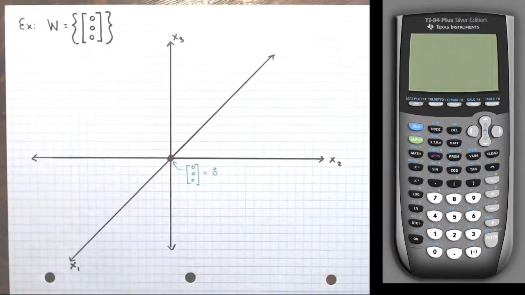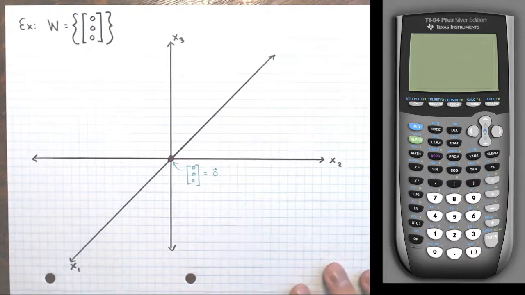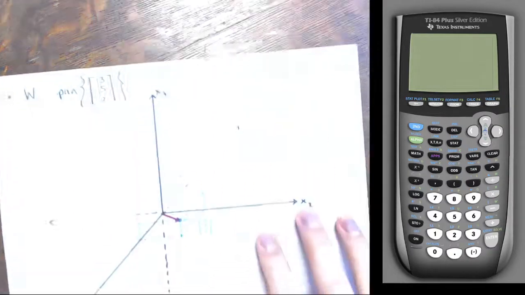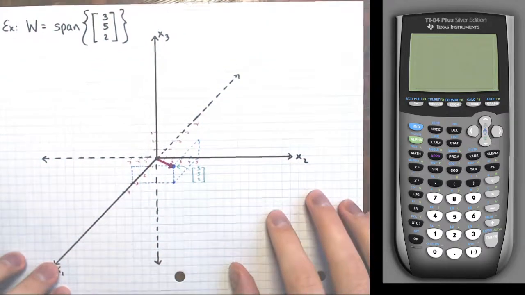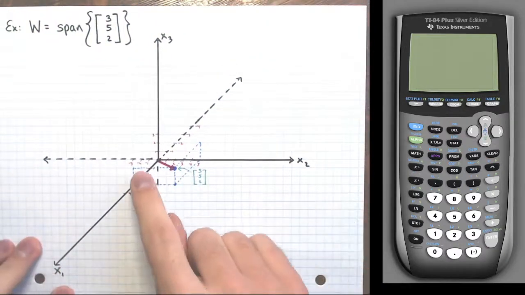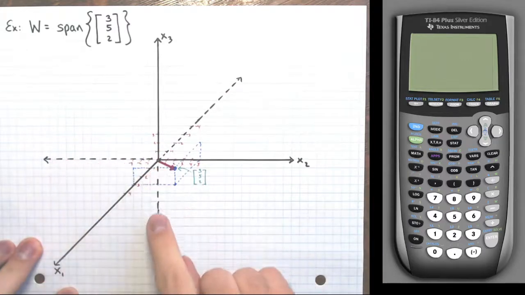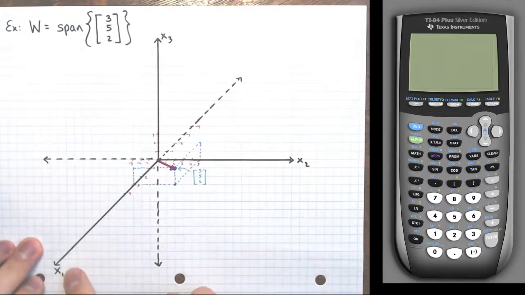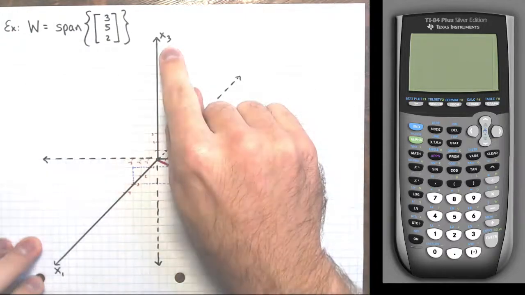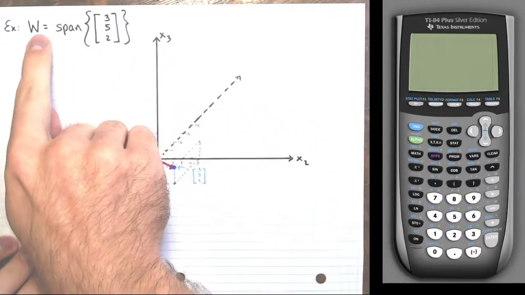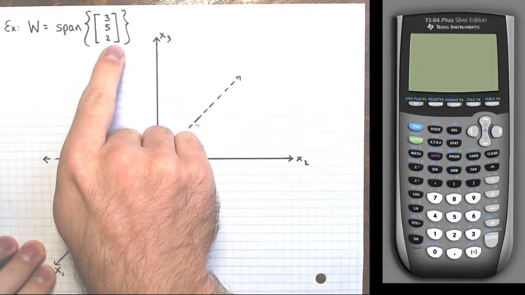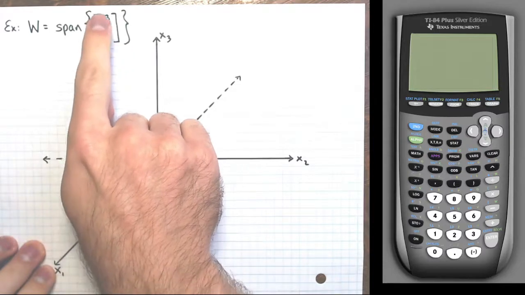I drew as best I could some vectors in R3. I'm not the greatest artist. So here's an example of a vector in R3. And again, this time I had the dashed parts dashed where there are negative values. So again, you have x1 axis, x2 axis, x3 axis. Take the span of one vector, say 3, 5, 2.